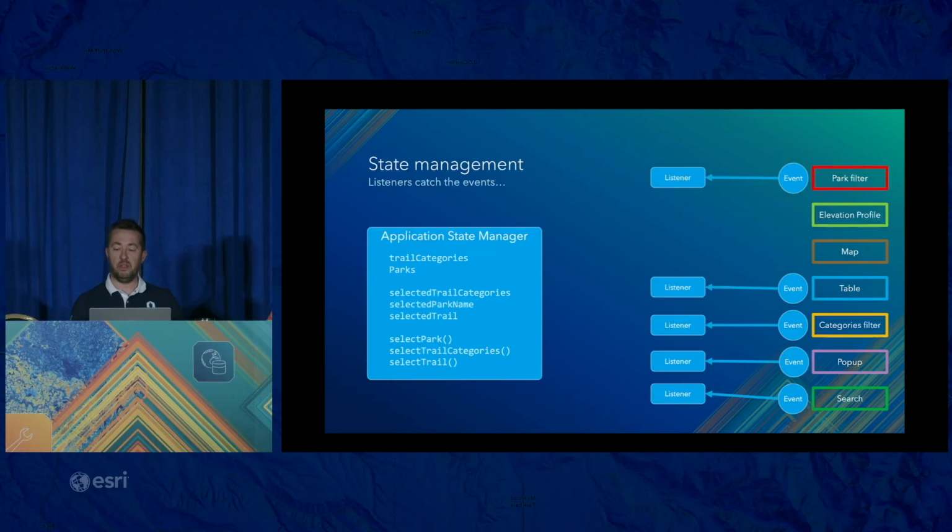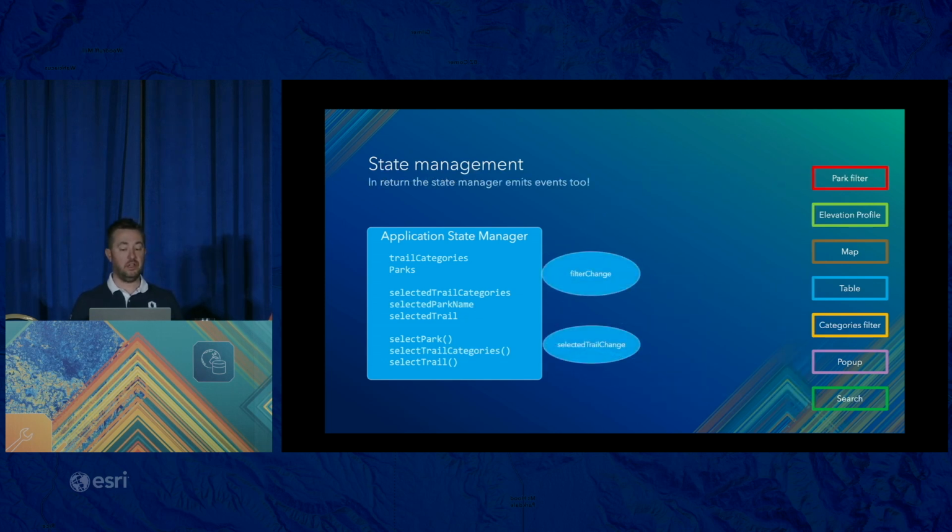And then when each of these components emits events, the listener will call this function: select park, select trail categories, and select trail. In return, the application state manager also emits events. So it emits the filter change event when the trail categories or the selected park changes, but also a selected trail change when a user selects a particular trail via the table or the pop-up, for example.